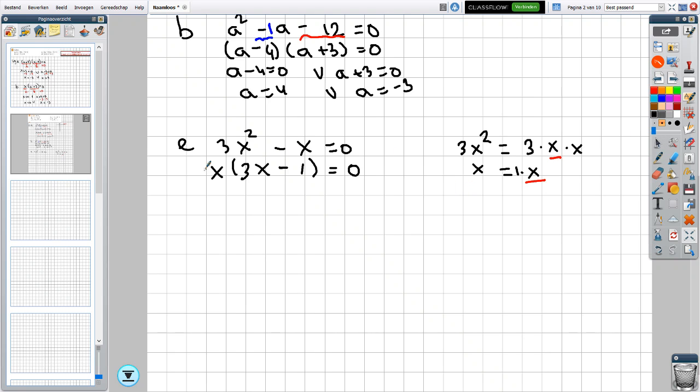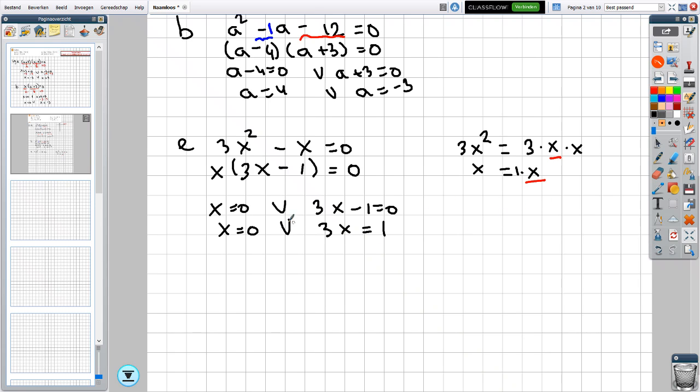And now, this first thing is going to be 0, so we get x equals 0. Or, the second thing is going to be 0. 3x minus 1 is 0. This one is easy. This is already an answer. X could be 0 apparently. Or, here, +1 on the left hand side and +1 to the right hand side gives us 3x is 1.